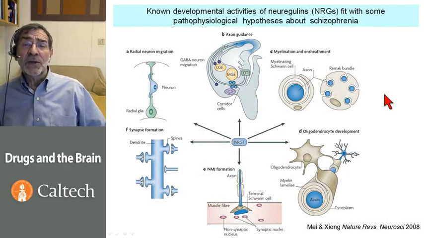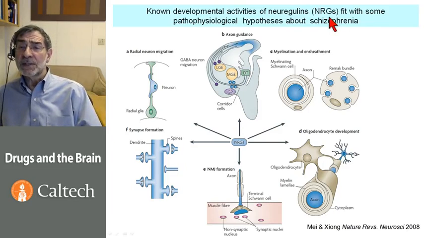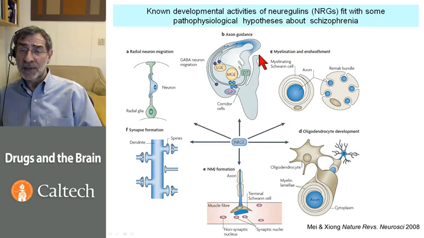Now, we have mentioned the neuregulins and the fact that neuregulins are mutant in some schizophrenic patients. In fact, the known developmental activities of neuregulins do fit with some pathophysiological hypotheses about schizophrenia.